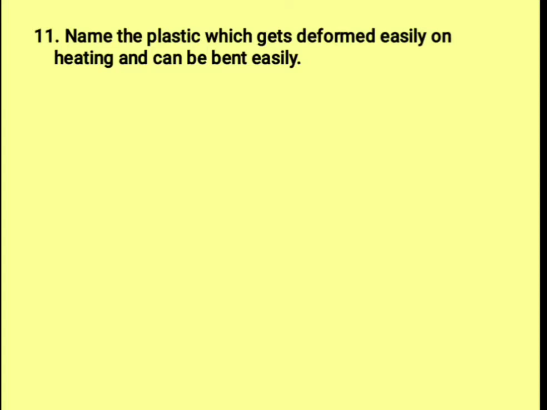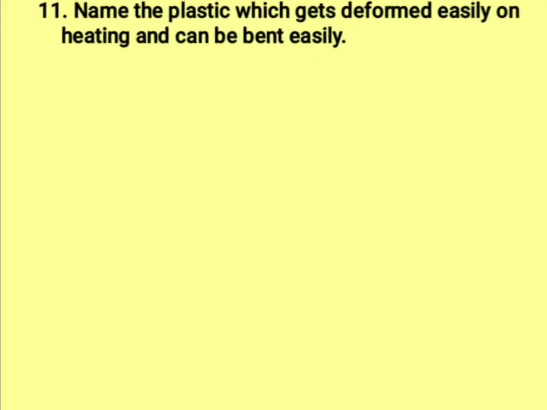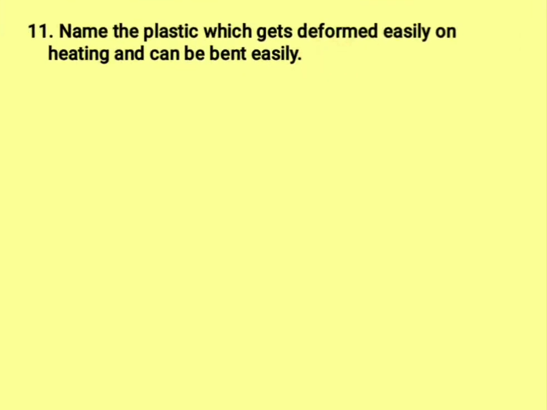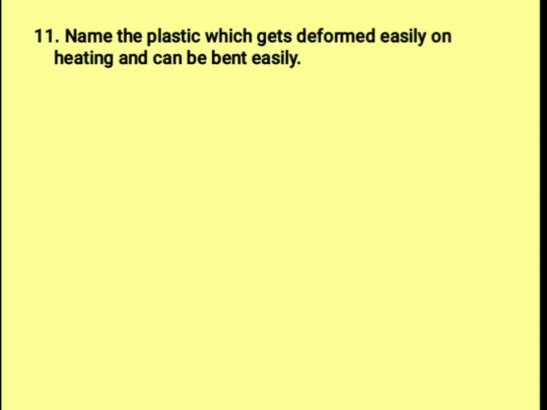The plastic which gets deformed easily on heating and can be bent easily is nothing but thermoplastic. This thermoplastic can be recycled because it bends on heating, and the examples are polythene and PVC.